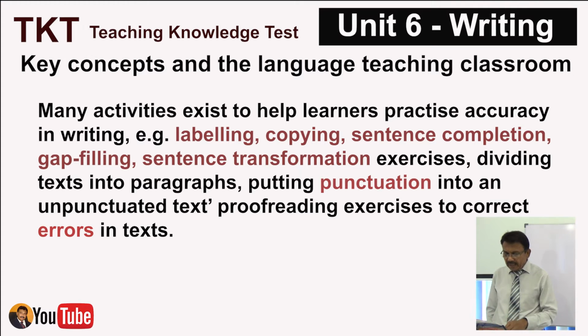to help learners practice accuracy in writing. For example, labeling, copying, sentence completion, gap filling, sentence transformation exercises, dividing text into paragraphs, putting punctuation into an unpunctuated text, proofreading exercises to correct errors in texts.